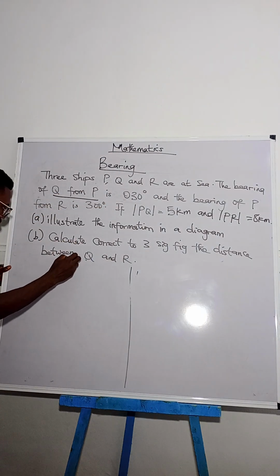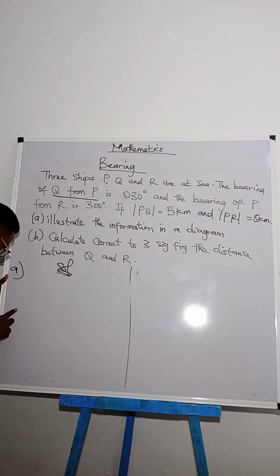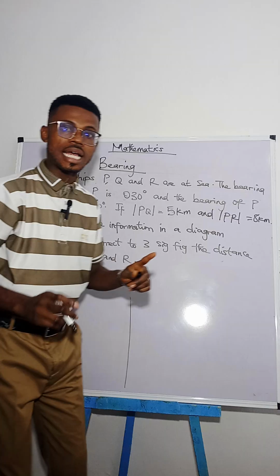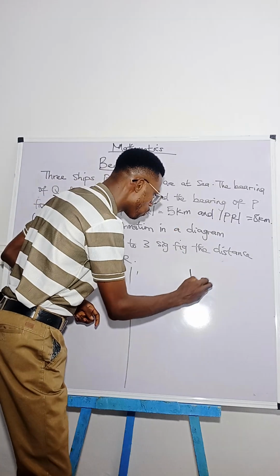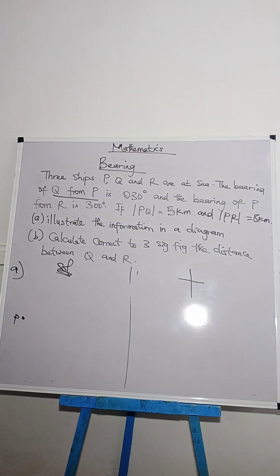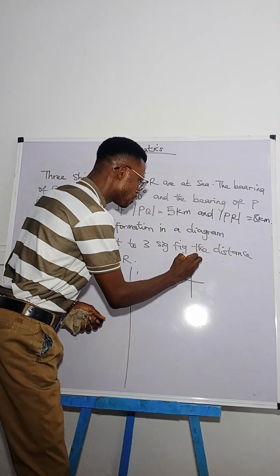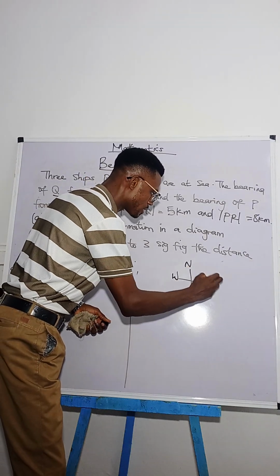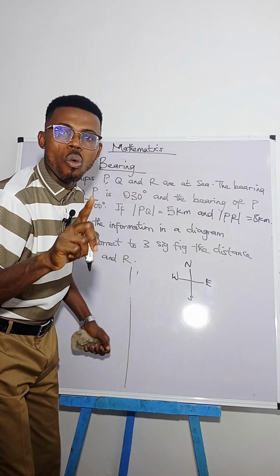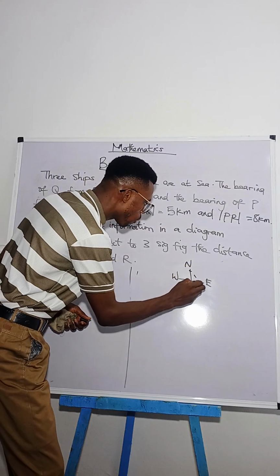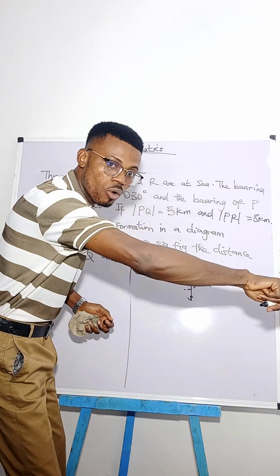So let's assume solution now. This is my point P, initial point P. Now another thing you must know is that bearing is measured from north, in a clockwise manner, not anti-clockwise.